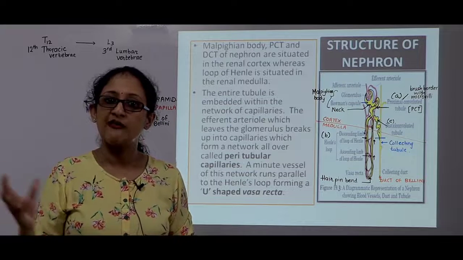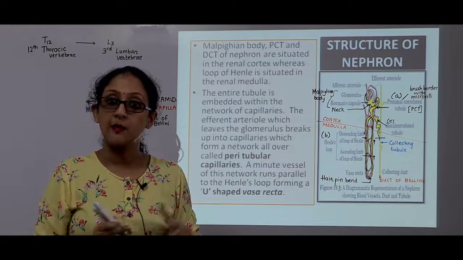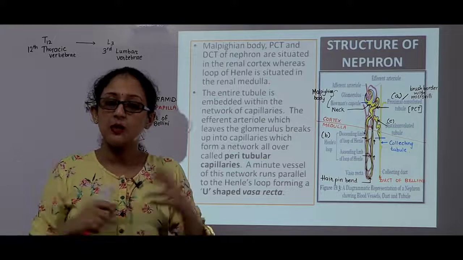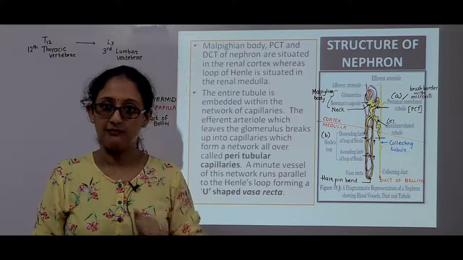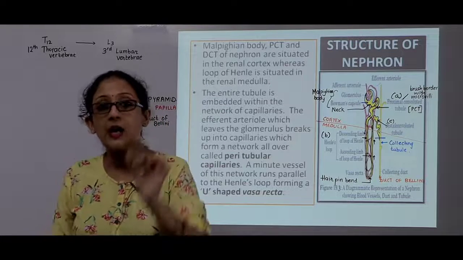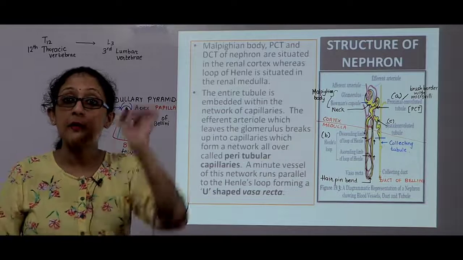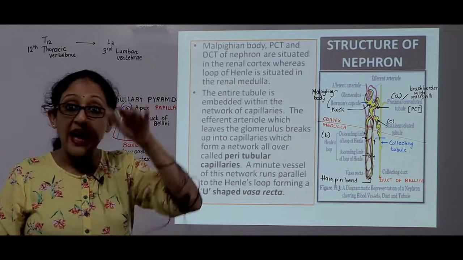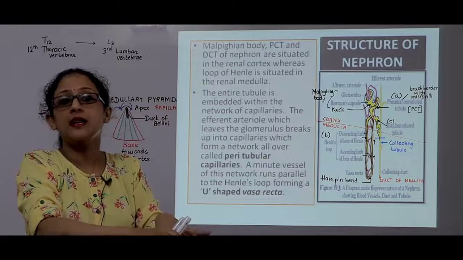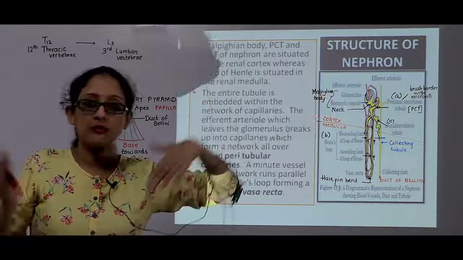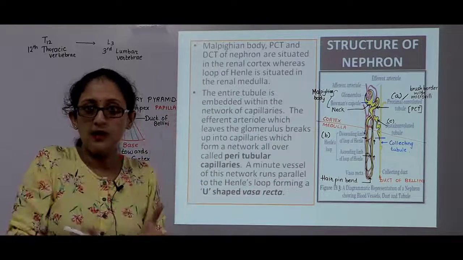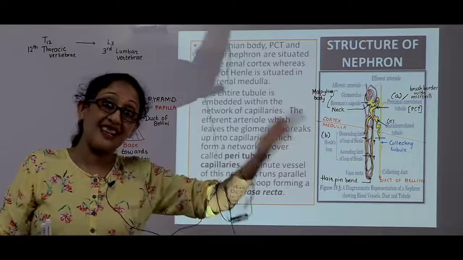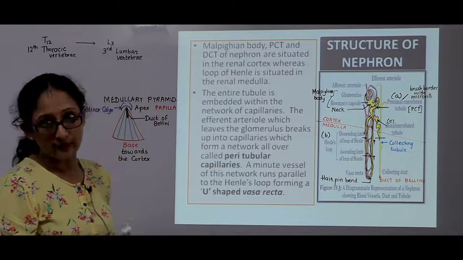You have learnt about the alphabets when you all were in nursery, A, B, C, D, E. Which one comes first? A. So, A comes first, afferent comes first. So, afferent comes into the kidneys, efferent goes out.